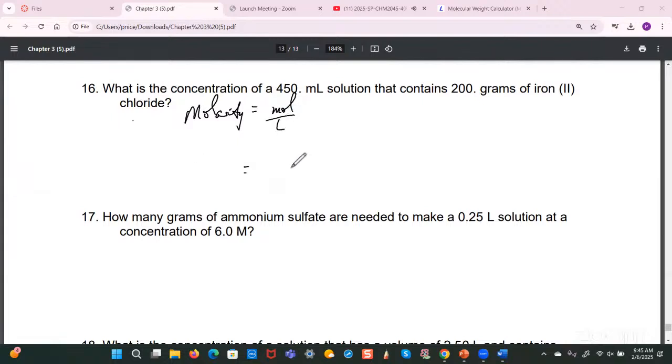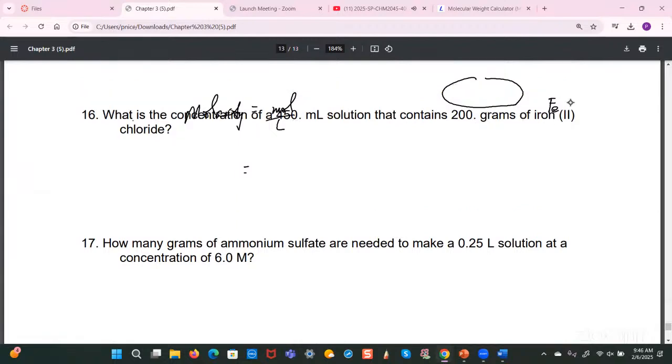So how do we get the moles in this case? They gave us the mass, right? And they gave us the name of the compound, which is iron 2 chloride. So we need to figure out what the formula is. What's the formula for iron 2 chloride? FeCl2, all right?